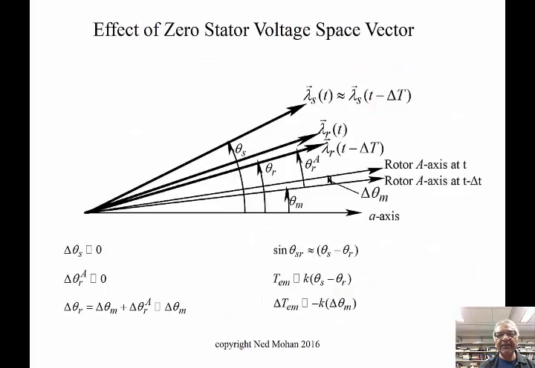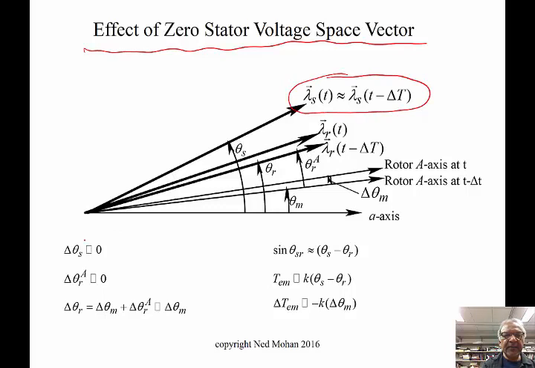Okay, so that's the effect of zero Stator space vectors shown here. You're not applying any voltage for a certain interval delta t. So what's going to happen is that you're not applying any change in the Stator voltage.